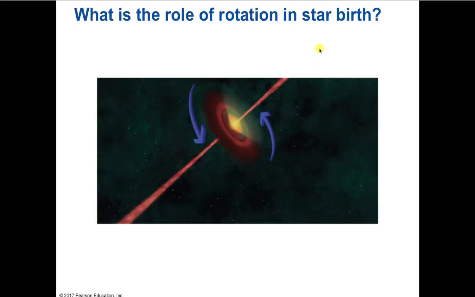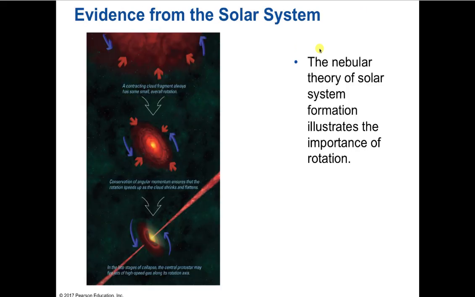We also see rotation. We've talked about this before with the formation of our solar system. As this cloud of gas and dust collapses, it generally has some kind of motion associated with it. It's not going to simply collapse and remain a ball the whole time. It's going to collapse and start spinning.